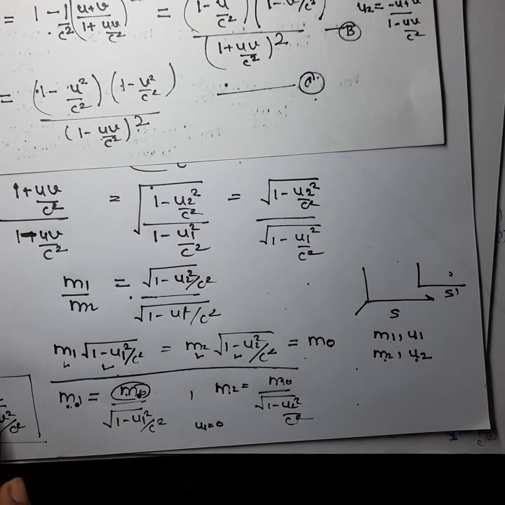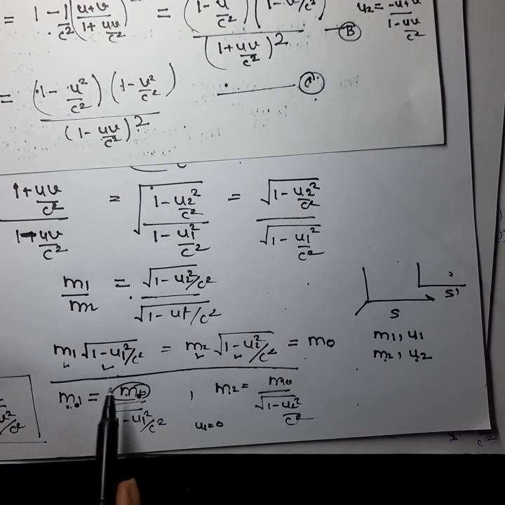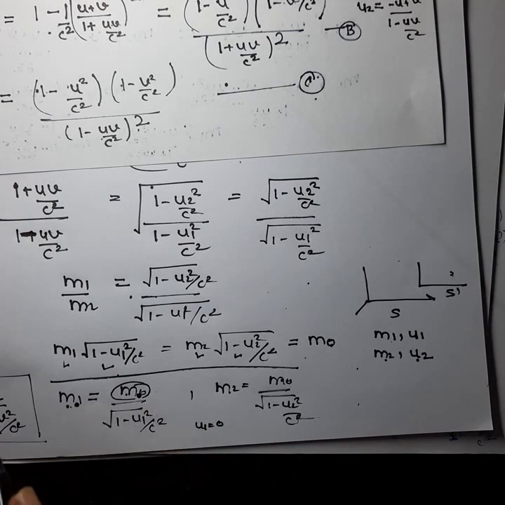If m0 is the mass of any object in a frame of reference in which it is at rest, then in a frame moving with some velocity, the mass will be equal to this much. So you will get a higher mass.